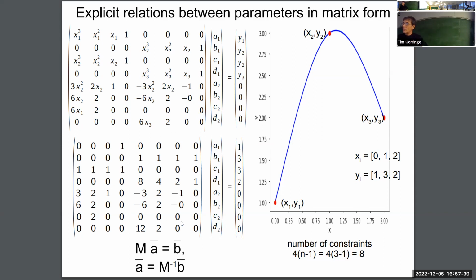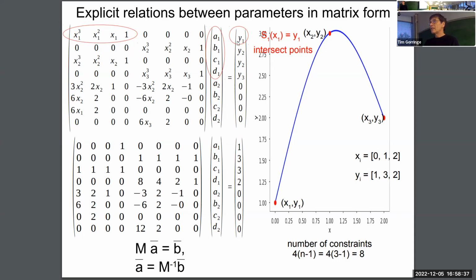This is my matrix where I filled in the values of the x coordinates, so x1, x2, x3, x4. This is a column vector where I filled in the values of the y coordinate. Just maybe to make this a little bit clearer, if you imagine taking this vector here and multiplying the top row, that gives you this element y1.